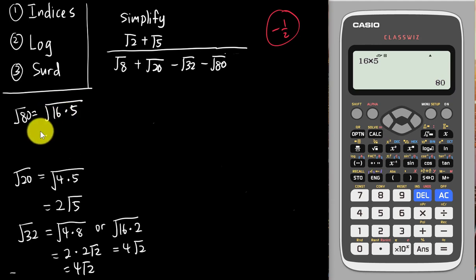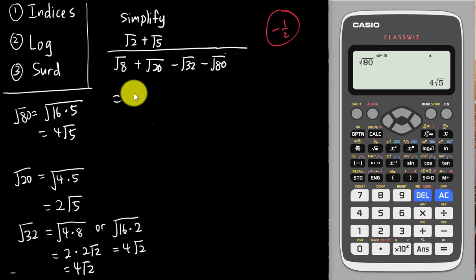Because 16 is a perfect square number, it will give 4, because square root 16 is 4 surd 5. Let's have a look at the calculator. Square root 80 is 4 surd 5. If you are using the old model like 570MS, you cannot leave your answer in the surd form, then you have no choice but to do it manually.